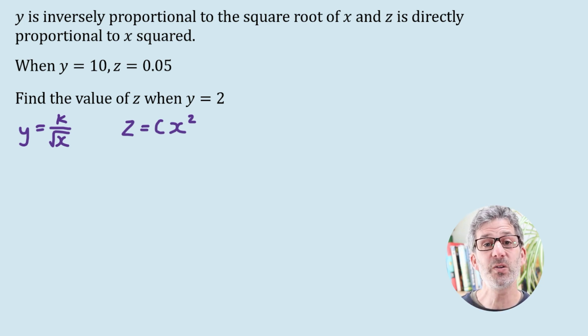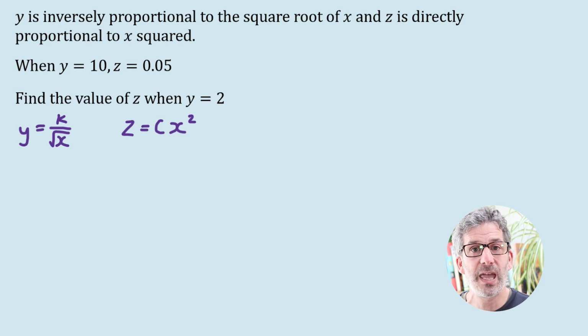The way I'm going to do that is I'm going to rearrange the first equation to make X the subject, and then I'm going to substitute that into the second equation, the one where Z is equal to CX squared. By doing that, we'll end up with a formula that links Y and Z. So I'm going to start by squaring both sides.